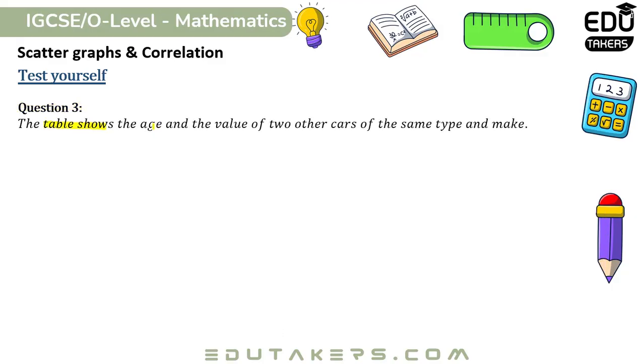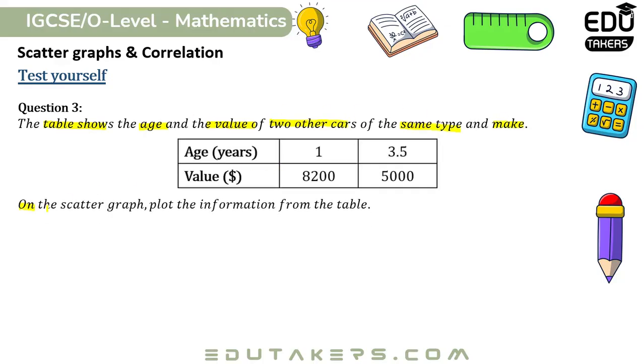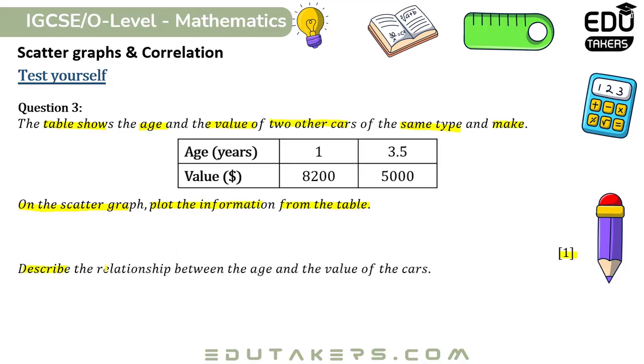The table shows the age and the value of 2 other cars of the same type and make. On the scatter graph, plot the information from the table. Is of 1 mark. Describe the relationship between the age and the value of the cars. Is of 1 mark.